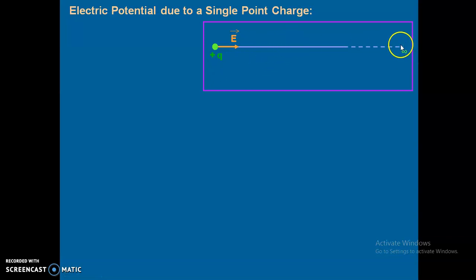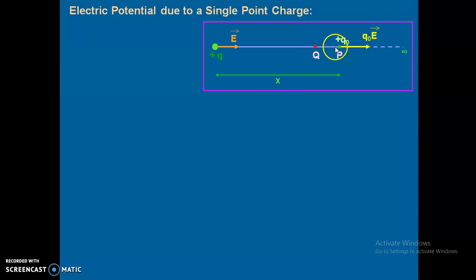And at infinity, a point which is situated at infinity, plus q naught test charge, outward force will be experienced, and at point P it is situated, and this point P is situated at a distance x from the source charge plus q.